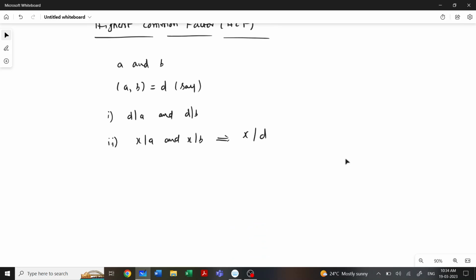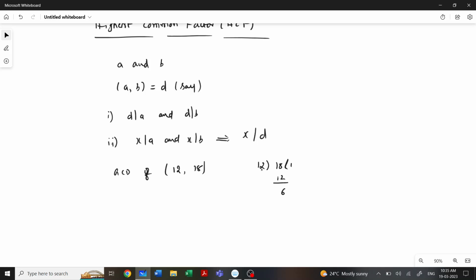We will discuss an example: the GCD of 12 and 18. There are different ways to calculate the GCD. One easy method: divide 18 by 12. 12 ones are 12 and the remainder is 6.